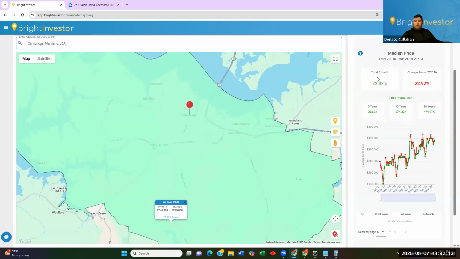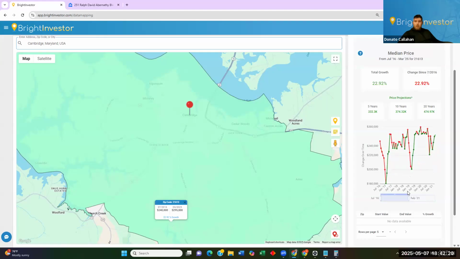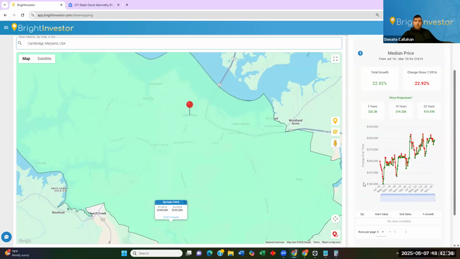We're only up about 23% since 2016. We had a waterfall event. You guys see that? How right here it was pretty much flat, and then waterfall, and then since 2021, home prices have not grown. That's a perfect example of a waterfall, right?